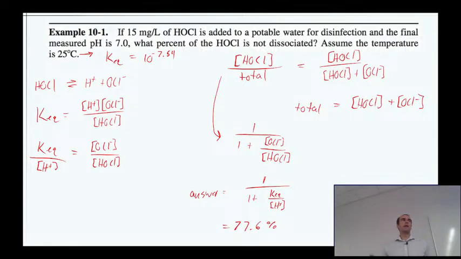If we stop and think about it a moment, the question is asking how much did not dissociate, meaning how much of the HOCl did we have left? We are slightly more acidic than the pKa, where it's 50-50. And so if we've gone acidic compared to where they're 50-50, and we have more protons around, that's favoring more of the compound with H in it, because we're feeding it more H, so it reacts and we get more of the HOCl.